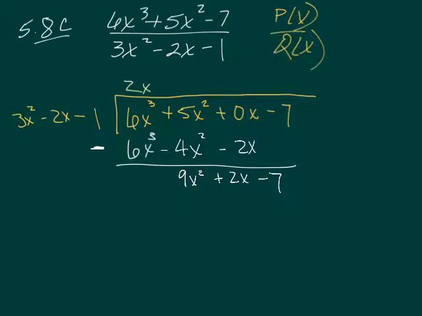I divide the 3x squared into the 9x squared. Take the difference between the exponents here, and it's 0, so there is not going to be an x there. So it's just 3 into 9 gives me 3. And then I do my multiplication again, and I get 9x squared minus 6x minus 3.